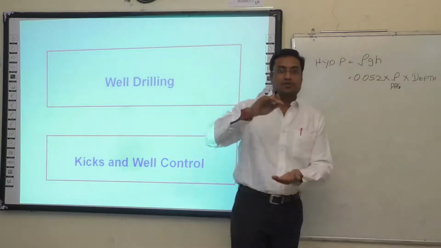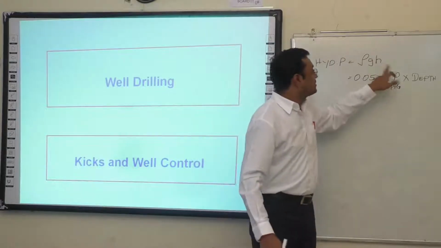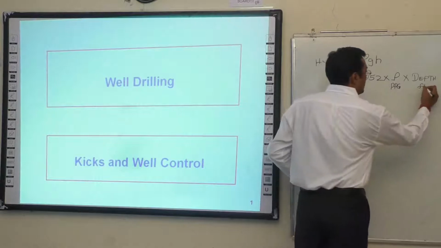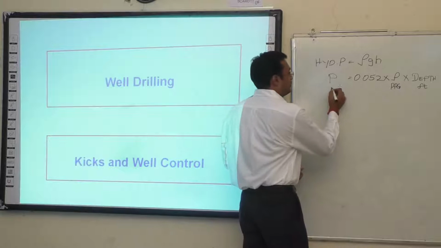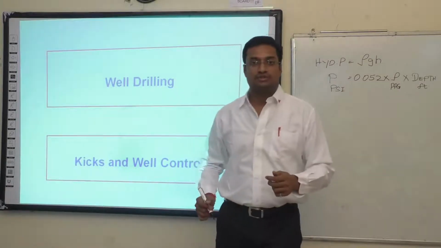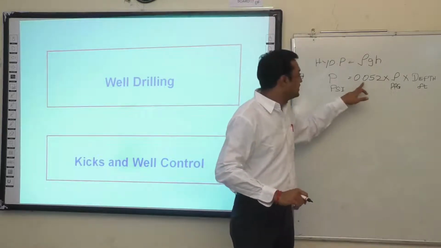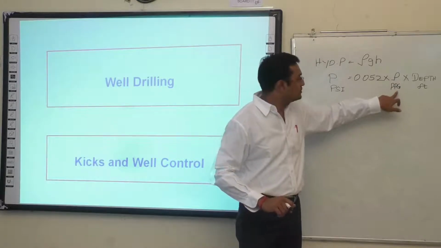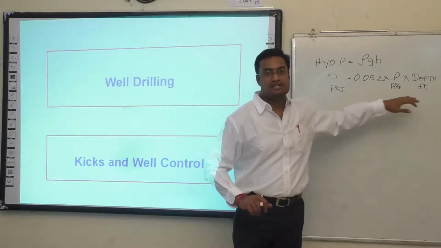Since we are going to drill from the surface and go deeper, instead of height we call it depth, and the unit for that is feet. And the pressure we get is in psi, pounds per square inch. Pressure in psi is equal to 0.052 times the density of the fluid in pounds per gallon times the depth of the well in feet. This is hydrostatic pressure.